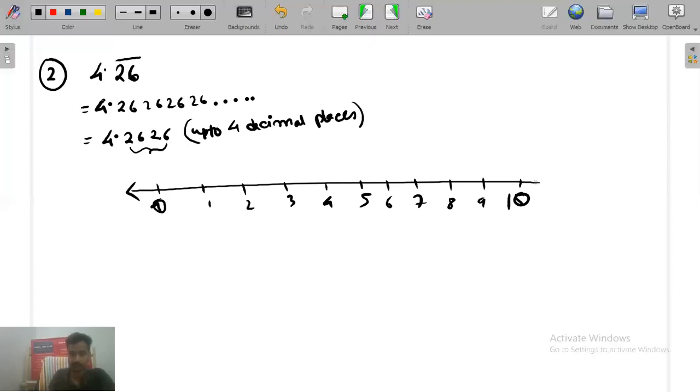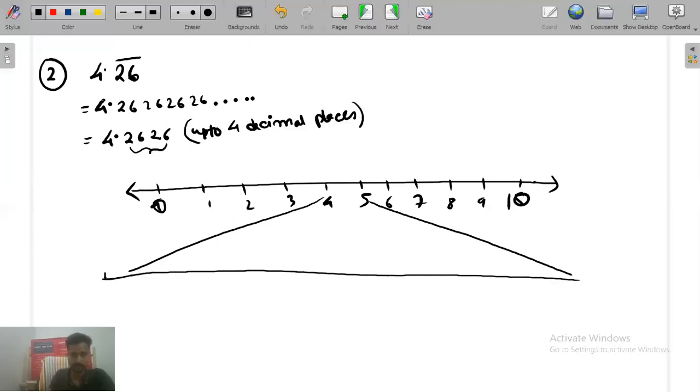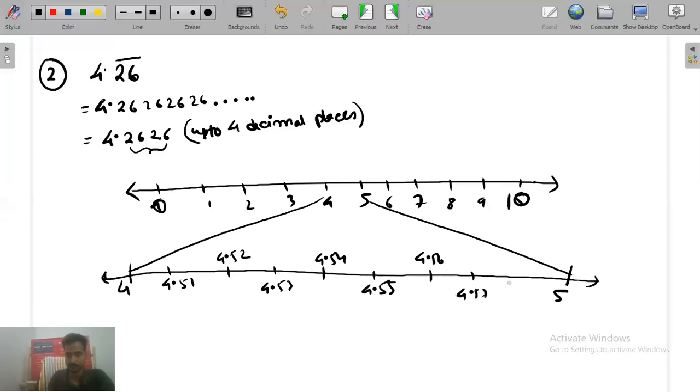The next step: it will lie between 4 and 5, so you have to draw like this. I am doing it roughly here. Then again you have to divide 4 and 5 into 10 equal parts. That means now it will be 4.51, then 4.52, 4.53, 4.54, 4.55, 4.56, 4.57, 4.58, like this.